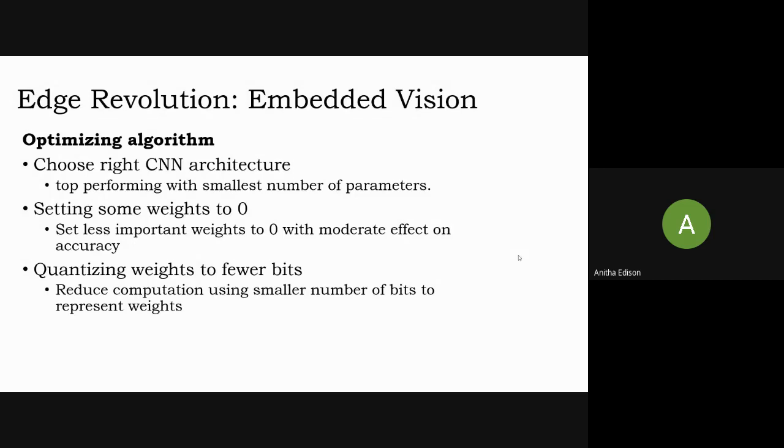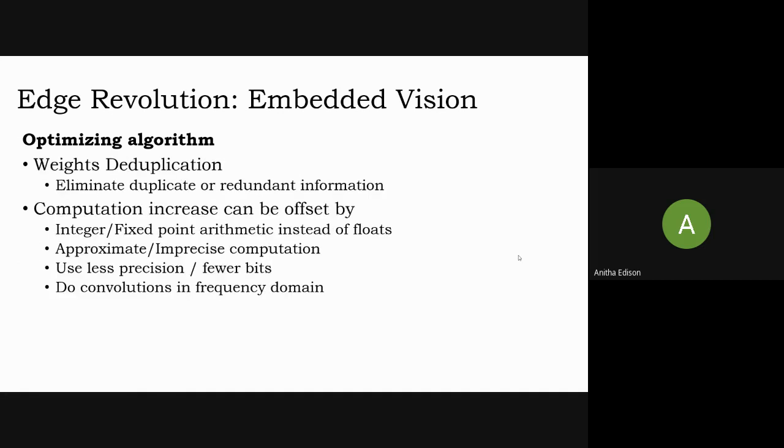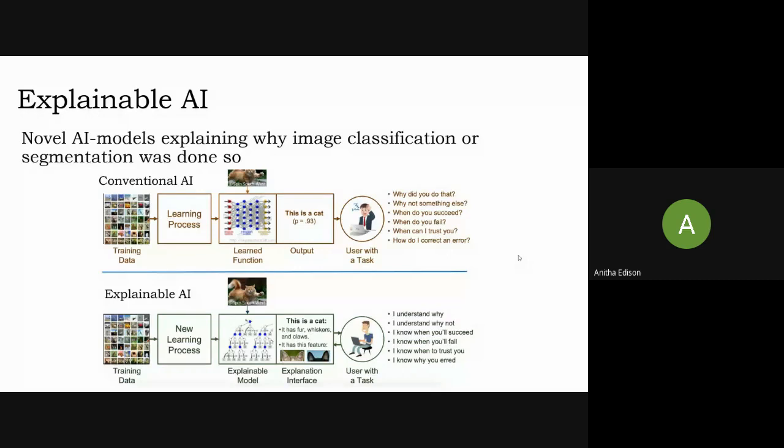Optimizing algorithms usually involves choosing the right architecture and setting some weights. You'll have a lot of weights, and even if we set some weights to zero, it won't affect much. So setting some weights to zero and quantizing the weights to lower bits are some things that can be done to optimize the algorithm.